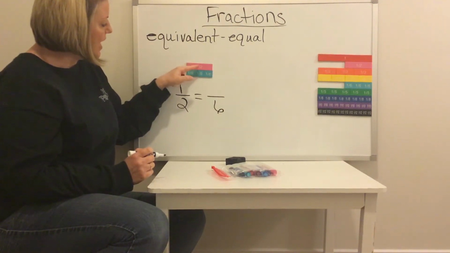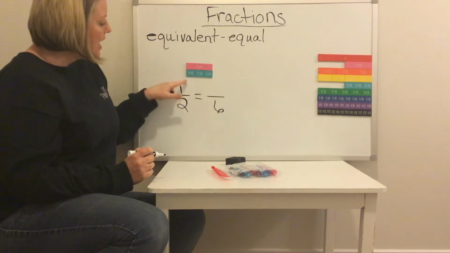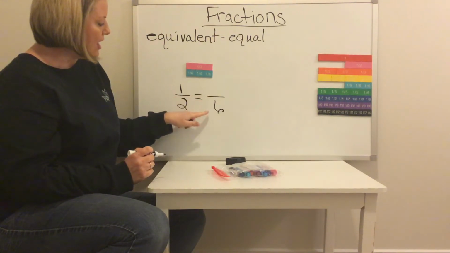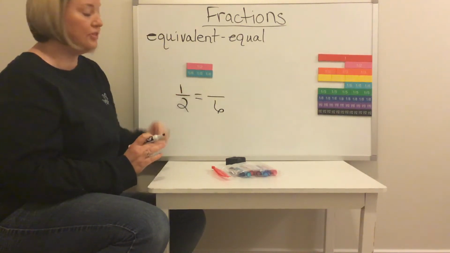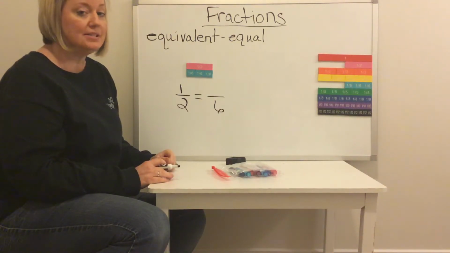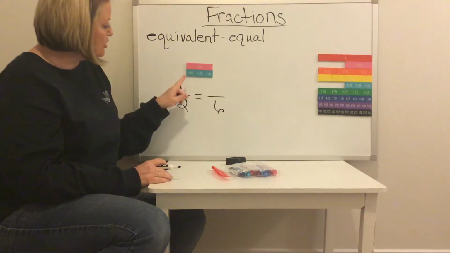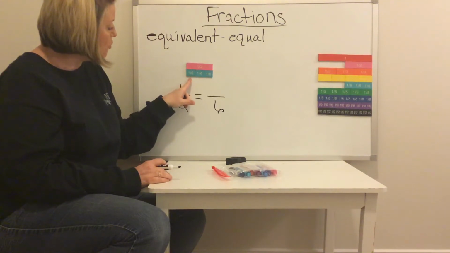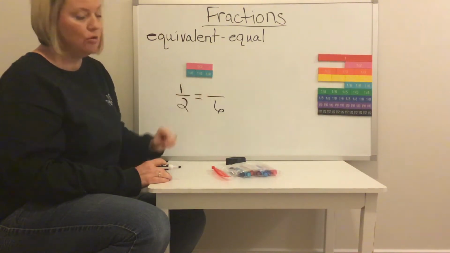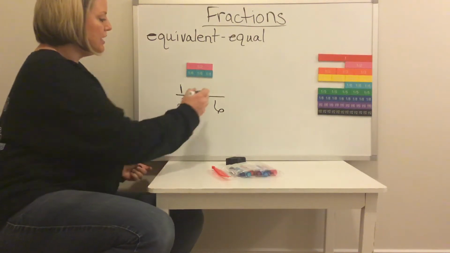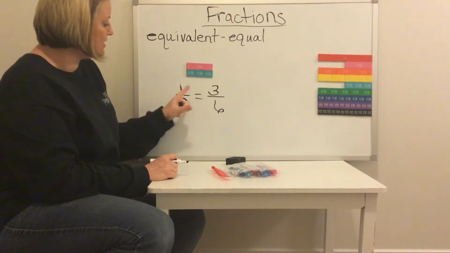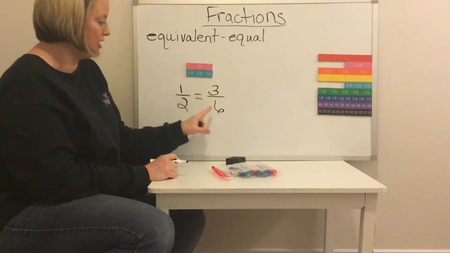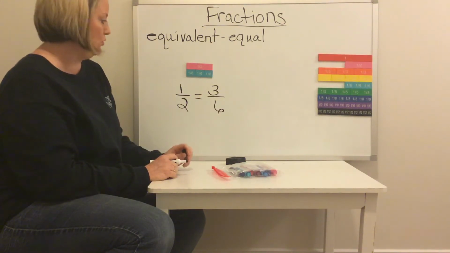This pink piece is 1/2, all right? And you see over here on my other fraction with the denominator of 6, my numerator is blank. I have to look at the fraction strips and figure out how many sixths it took to equal that 1/2 piece. So I just simply count my 1/6 pieces. I have 1, 2, 3 1/6 pieces, which would be 3/6. Okay? 1/2 is equivalent to 3/6. They are equal. They are the same.